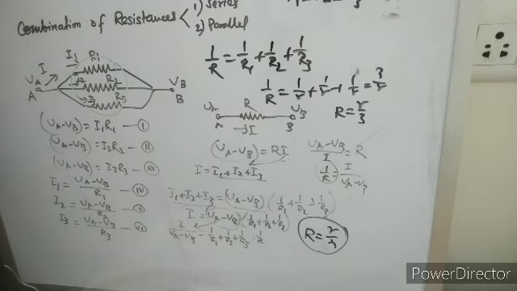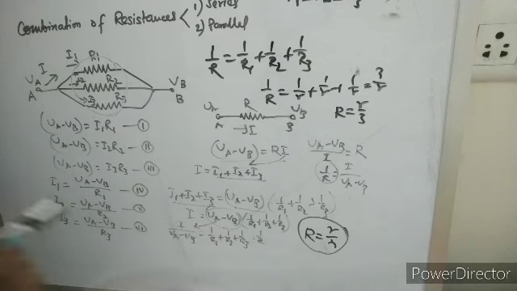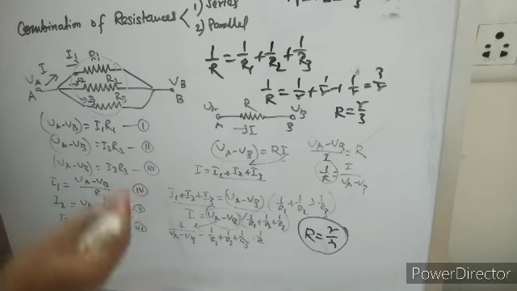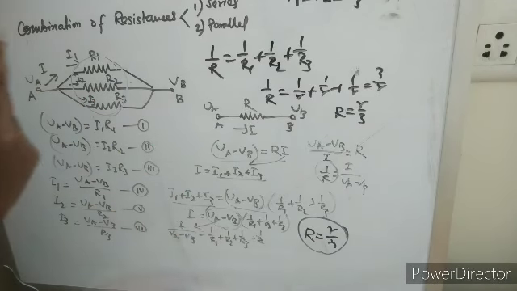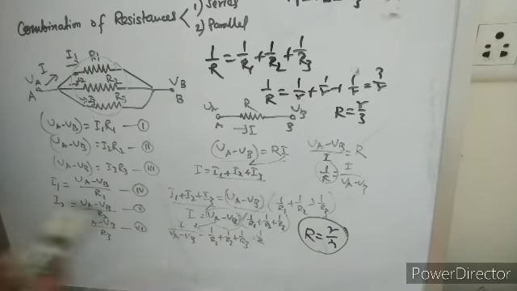That means the equivalent resistance will be less than R1 separately, R2 separately, and R3 separately. That is the main thing. And if n resistances are connected, the formula is like that.